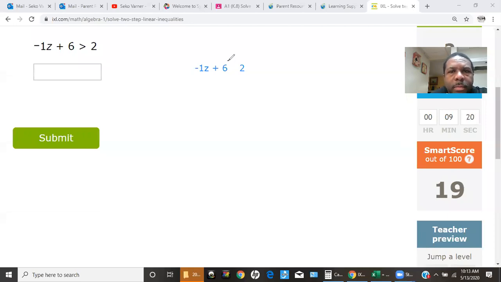Okay, so -1z plus 6 is greater than 2. What number do we need to move onto the number side? Remember, we want the variables on this side, and the numbers on this side. So we're going to move the 6. We're going to subtract 6 on both sides.